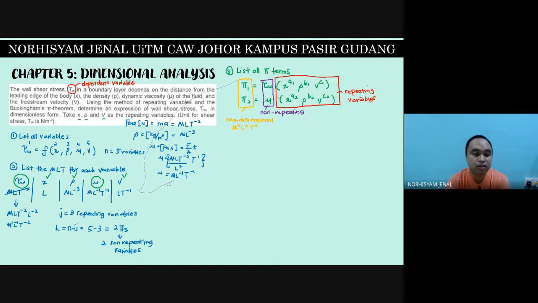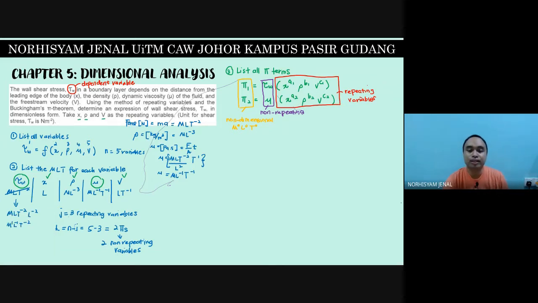It means 7 minus 3, we have 4 pi. So we have pi1, pi2, pi3, pi4, 4 non-repeating and 3 repeating. Okay. Right. Any other question? No, sir. All right. Anyone else? Any question? No.